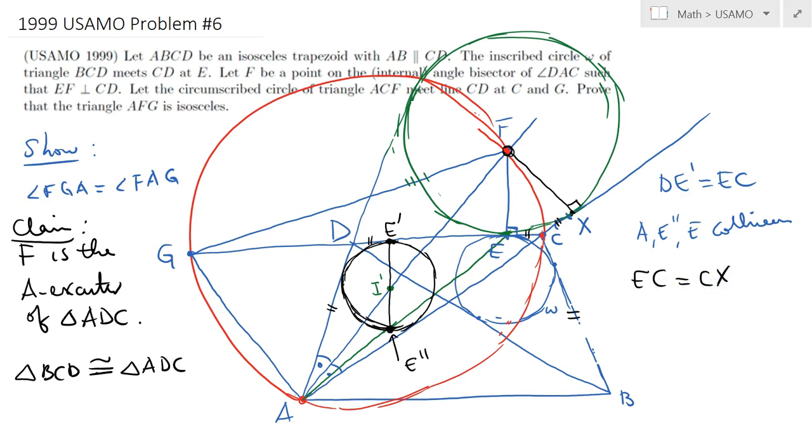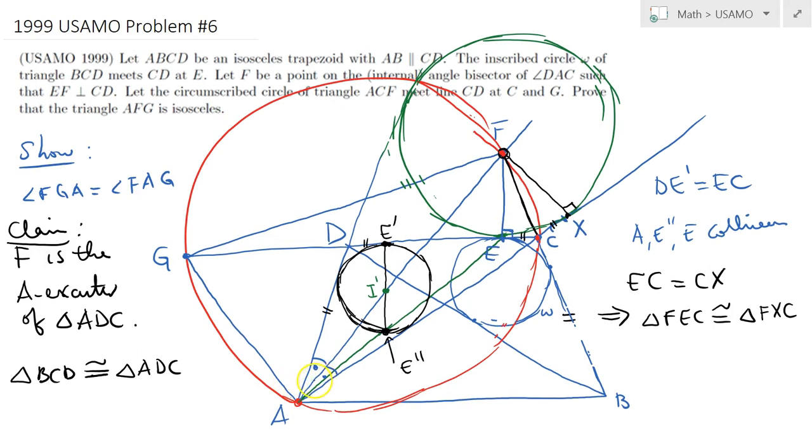Now for the rest of the problem, let me also connect FC as well. In fact, let me also make this additional note that triangle FEC is congruent to triangle FXC. So the rest of the problem is basically chasing relevant angles.